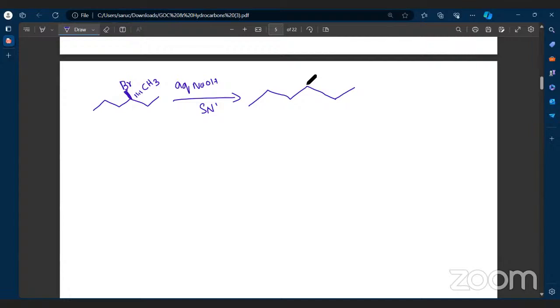And here, will SN1 have retention configuration or inversion configuration? What configuration will the SN1 reaction have?